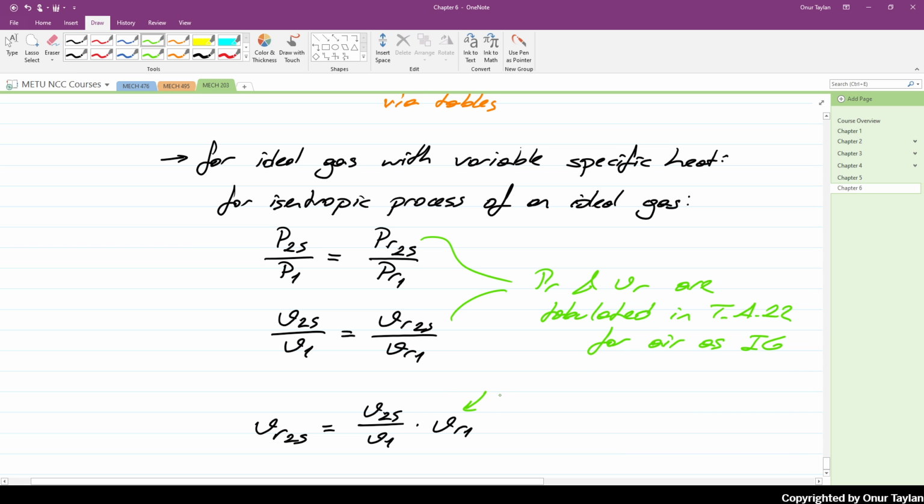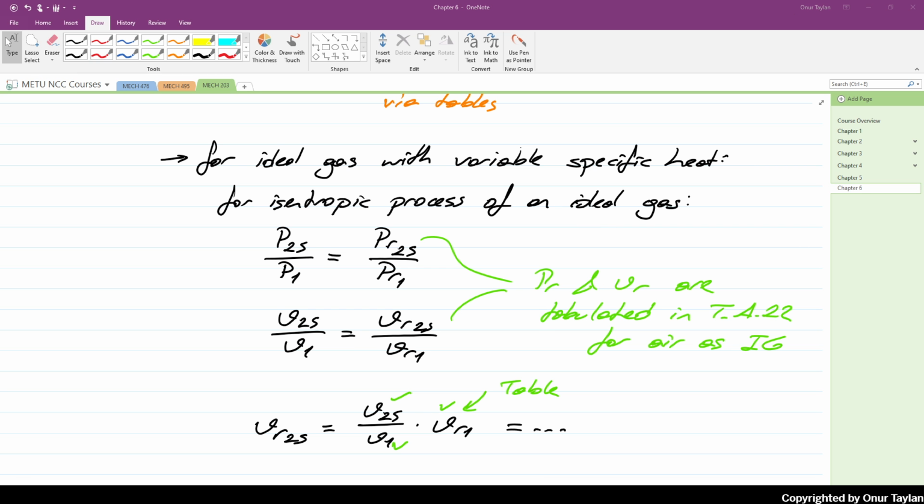And this comes from the table that you know. These are given, that's in the problem. So from here you calculate this vr2s using this relation.